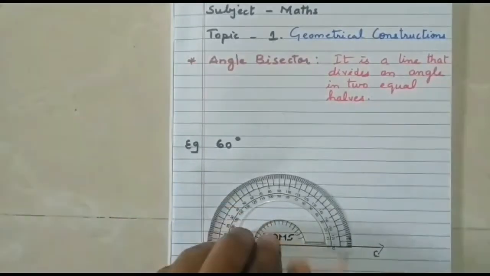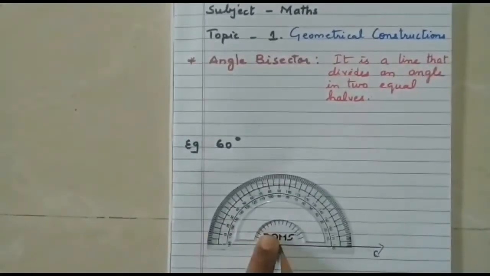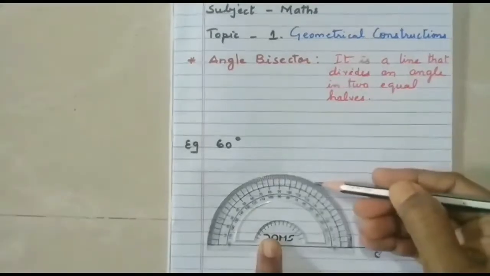Now since this ray is coinciding with the measurement of this protractor, I will start measuring from 0 degrees. Since this ray coincides with the 0, I'll start measuring 0, 10, 20, 30, 40, 50 and 60.